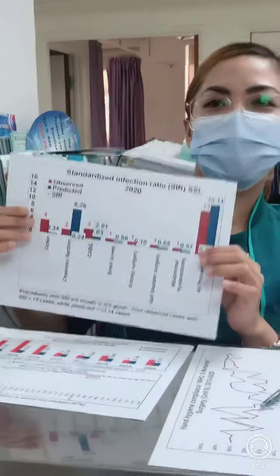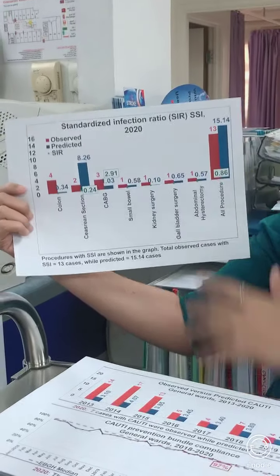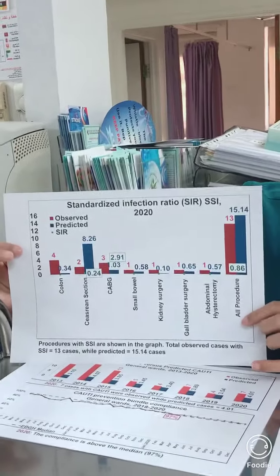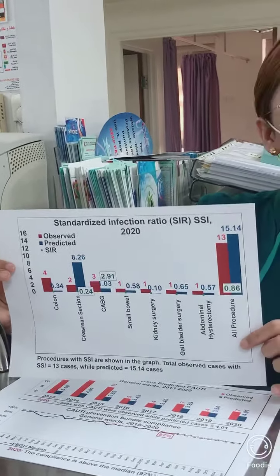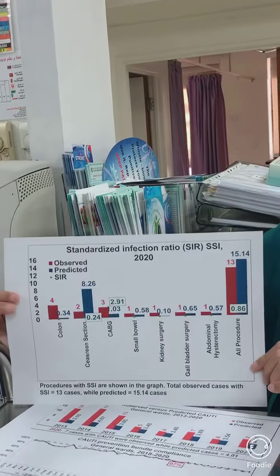Next, because we are in the surgical department, for the SSI, standardized infection ratio, you will see in this graph all the procedures that developed HAI for the year 2020.